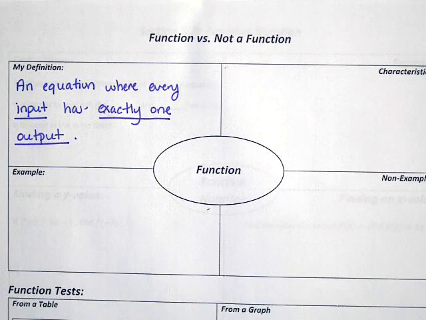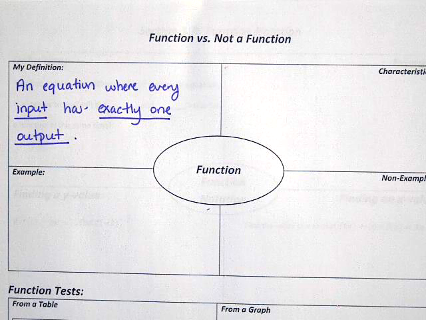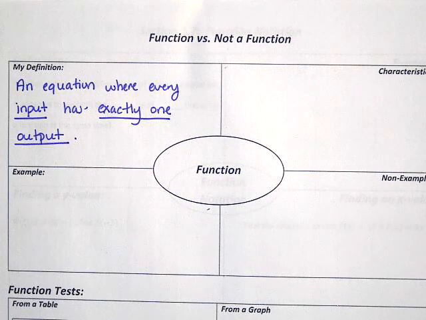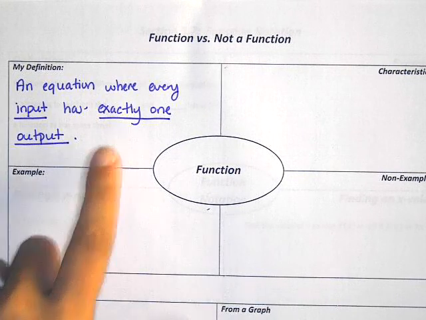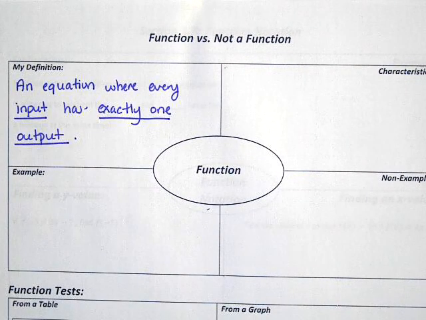So the idea here is that sometimes when you plug numbers into equations, you can get more than one answer. And sometimes when you plug in numbers to equations, you only get one answer. The types of equations where you get exactly one answer and not getting two answers for the same problem are called functions.